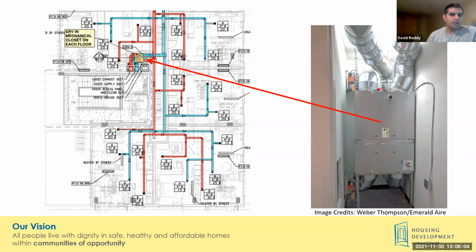And the other variations that you might see and consider is, as the diagram showed, pulling in air through the exterior is one way, or another project I've worked with had the ERVs itself on the roof and ducting down vertically to each floor and doing this horizontal distribution.